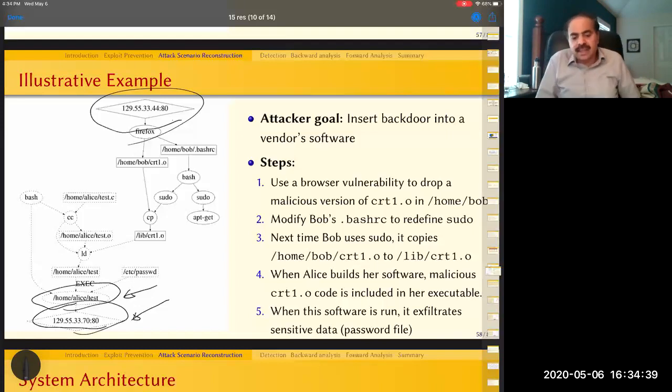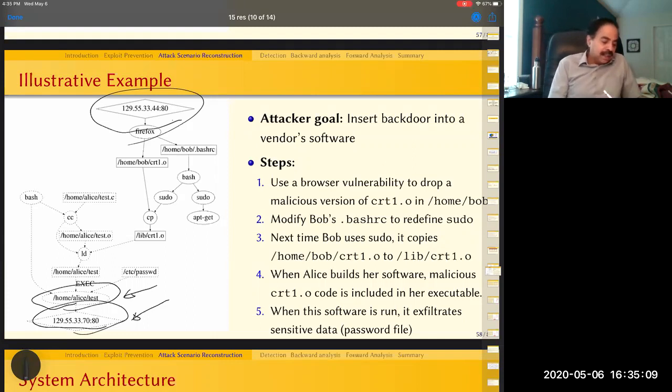So this is an example of how typically the attackers cannot do what they want in one shot, and so they have to essentially break their attack into pieces, and some of the pieces may actually require an inside benign user activity in order to make the whole attack come together, right?